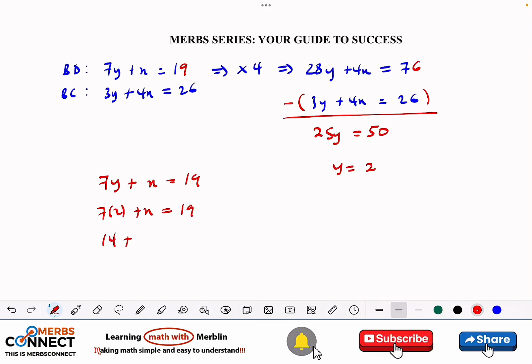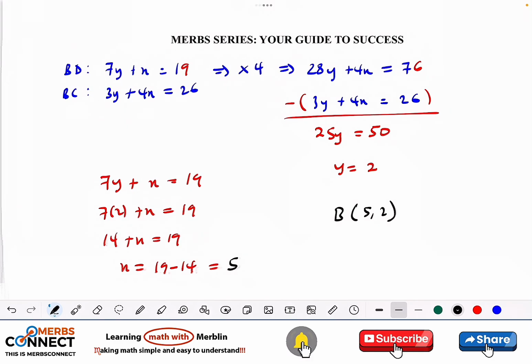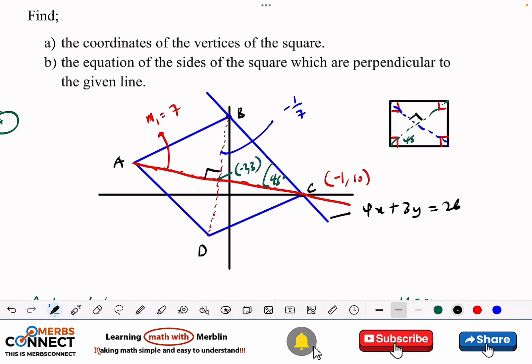This will be 14 plus x is equal to 19. X is equal to 19 minus 14, and this is going to give us a big 5. Is that right? We're supposed to get 5? Yes. So we have B to be equal to 5 and 2. Solving that one simultaneously, giving us 5 and 2.